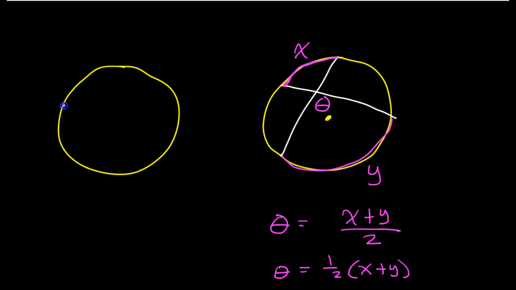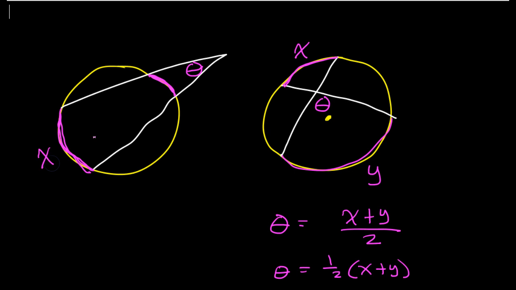Now you can have an angle that goes outside the circle like this. So similar to the last picture, I have an angle that I want to look at, and I have two intercepted arcs. I have this arc and I have this arc. Let's call this x and let's call this y, similar to what we did last time.